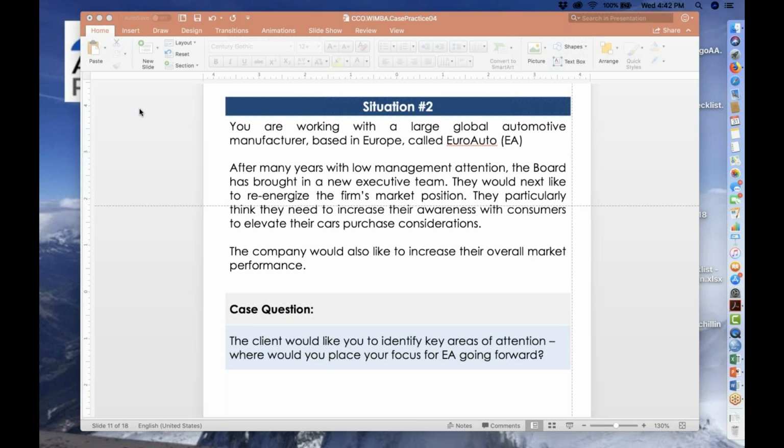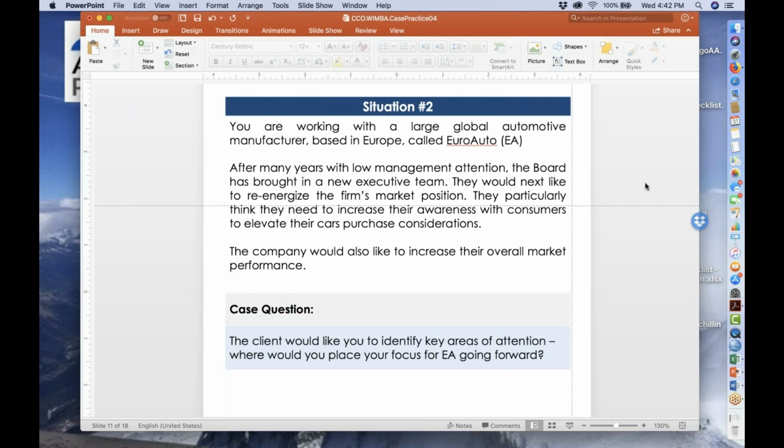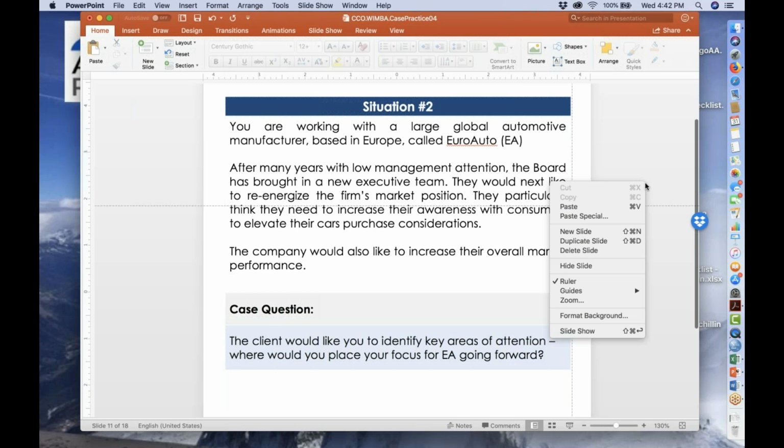So also lots of good things that you're discussing that relate specifically to an automotive company, looking at things kind of internal, external, trying to hone in on different areas of assessment, right? So everybody's got the right idea here.